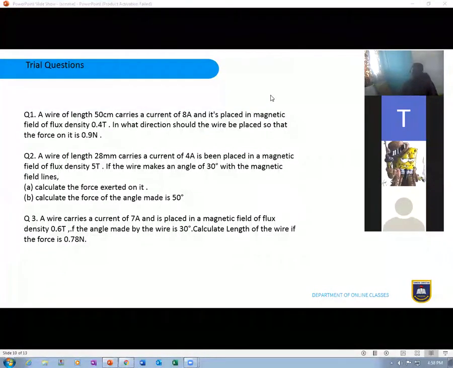If you substitute in the values of F, B, L, and I, you get 0.9 is equal to 1.6 sine theta. So you divide through by 1.6, then you get sine theta is equal to 0.9 over 1.6. So you find the arc sine of 0.9 over 1.6 and you get 34 degrees. So that's the direction. Okay. Thank you very much.